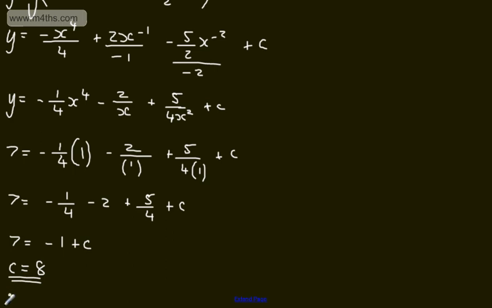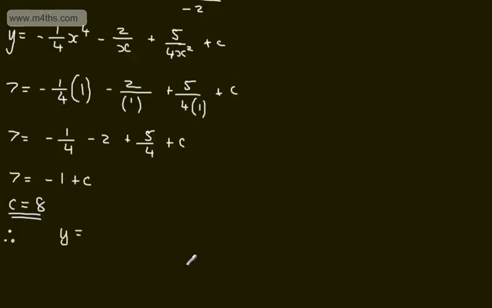So all we need to do is just simply write this back, and we can say that y is equal to, and taking this line just here, we can write this in many different ways. So I'm going to write this as minus 1/4 x to the 4th minus 2 over x plus 5 over 4x squared plus 8.